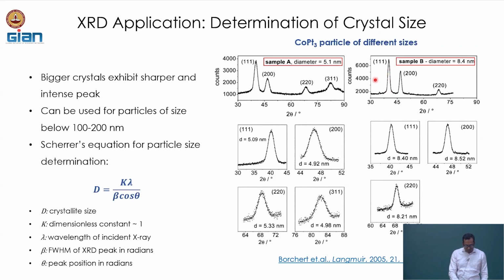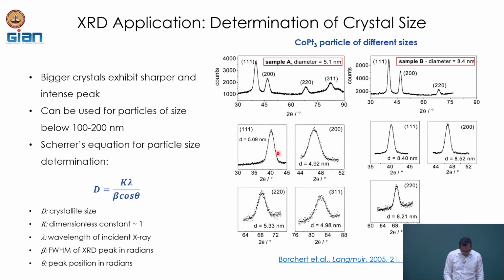Now, there is something called the Scherrer equation, the formula is given here, with the typical parameter values. We can fit the individual peaks, 111, 200 and 220, or maybe just 311, with our typical software, and from that we can get the full width at half maximum.